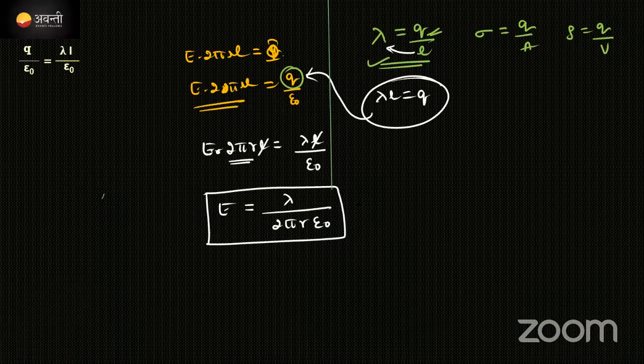For that reason, I will make a small change. Lambda divided by 2 pi epsilon naught I will keep on one side, and R separately. Then in the numerator and denominator I will multiply and divide by 2.